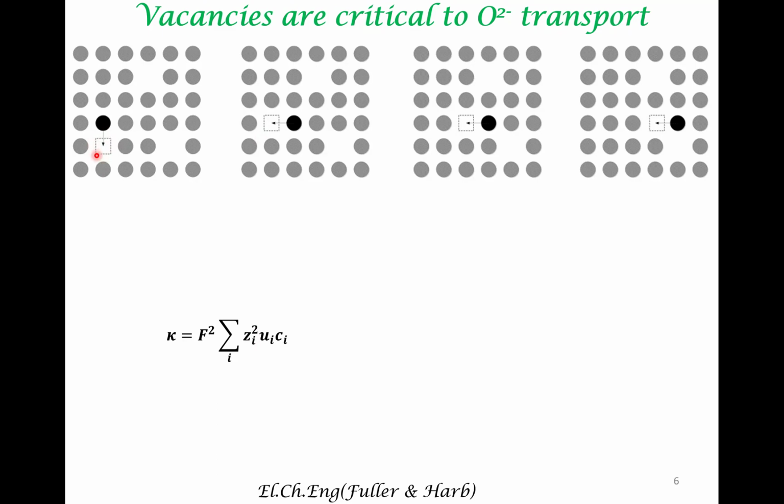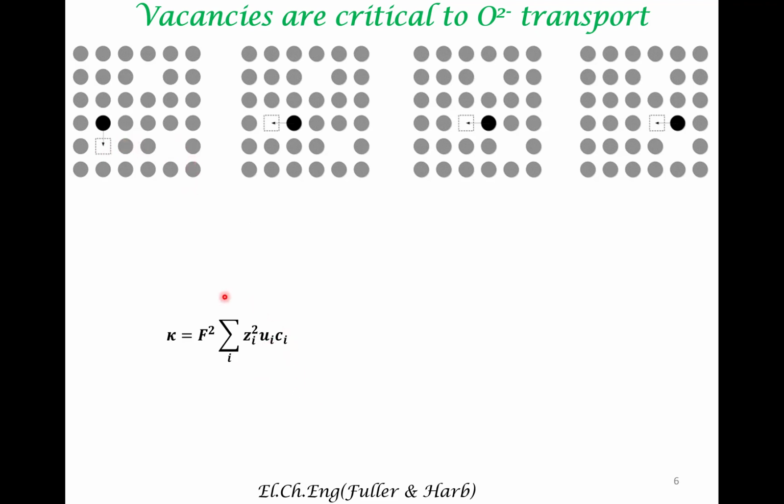That is, if you are familiar with the Kröger-Vink notation in ceramic literature, the charge of the vacancy must be clear to you. For example, the charge here will be 2 plus when you say oxygen anion is getting transported. Concentration again refers to concentration of oxygen vacancies that are getting transported.